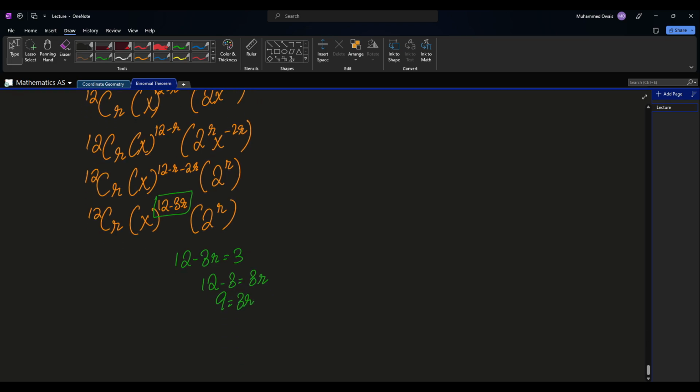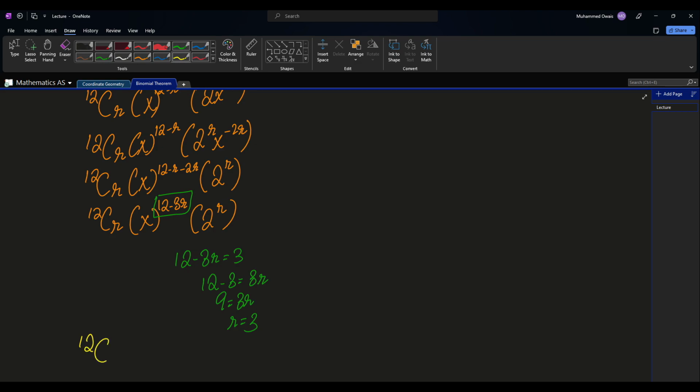And therefore, r is 3. Alright, r is 3. Now we have the value of r where the power of x is cube, or 3, whatever you like to say. Now then, all we have to do is replace this value of r in our above equation.